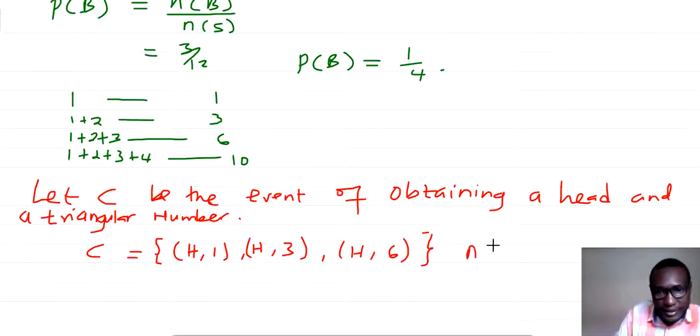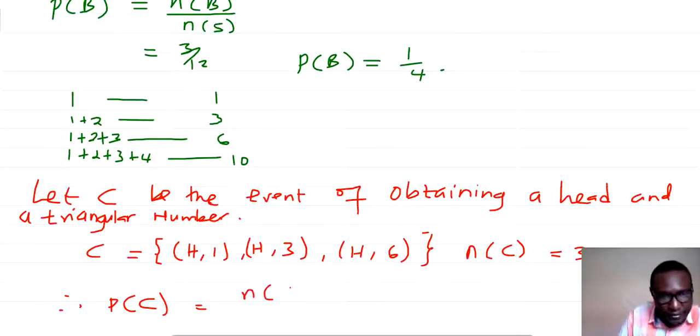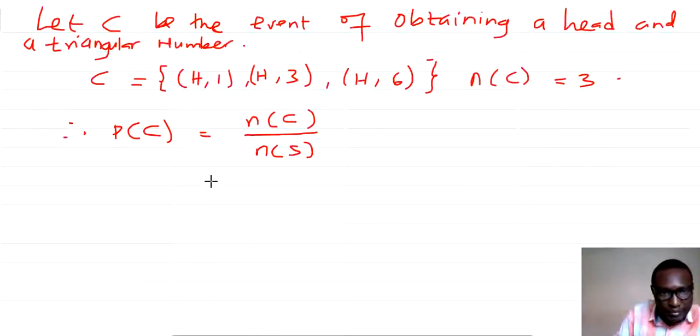Consequently, the number of elements in here is 3, and therefore the probability of getting a head and a triangular number is equal to the number of elements in this set divided by the number of elements in the whole sample space. So we substitute here, we shall have 3 divided by 12. When you reduce, this gives us a quarter as well.